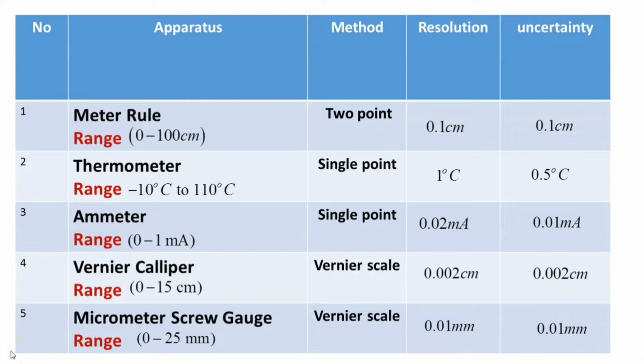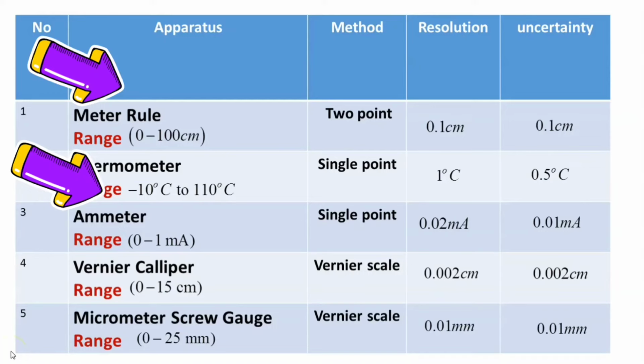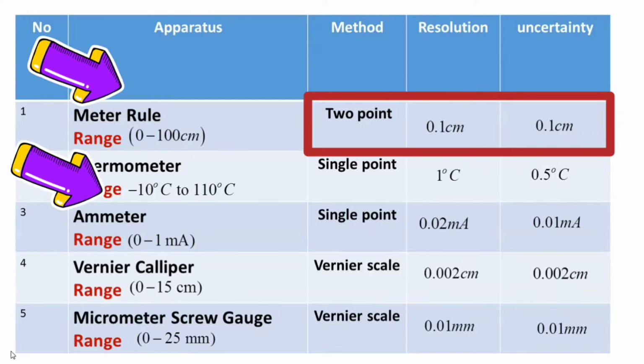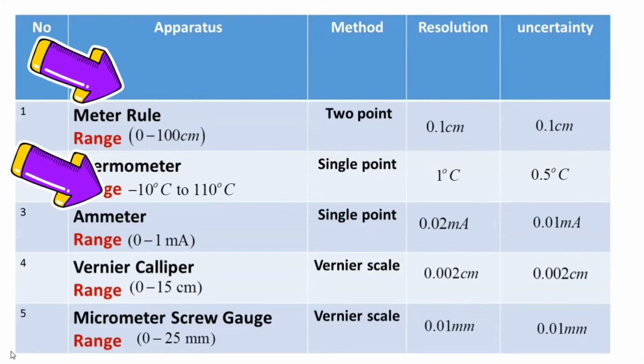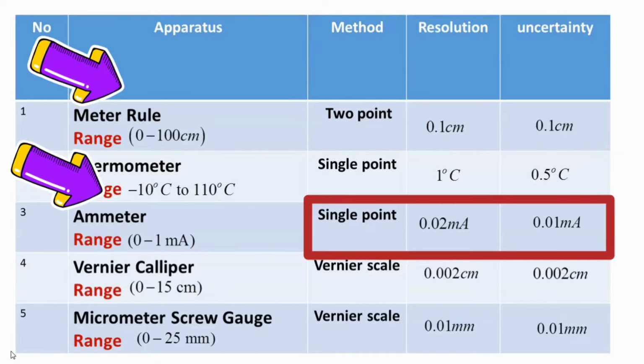Here are some of the examples of the instrument. Let's look at meter ruler and ammeter. Meter ruler is 2-point reading. The resolution is 0.1 cm. The uncertainty for measurement for the meter ruler is 0.1 cm, which is equals to resolution of the instrument. In the case of the ammeter, the zero is automatic.